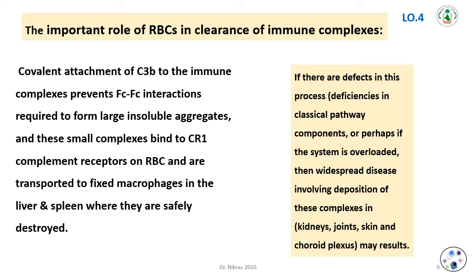Now, if there are defects in this process, a deficiency in a classical pathway component, or perhaps if the system is overloaded, then widespread disease involving deposition of these complexes in kidney, joints, skin, and choroid plexus may result.